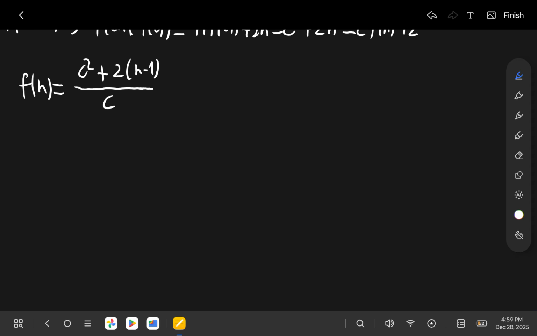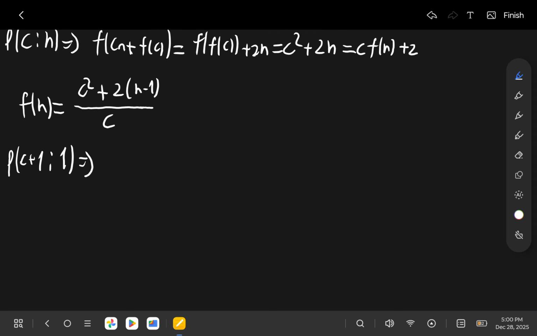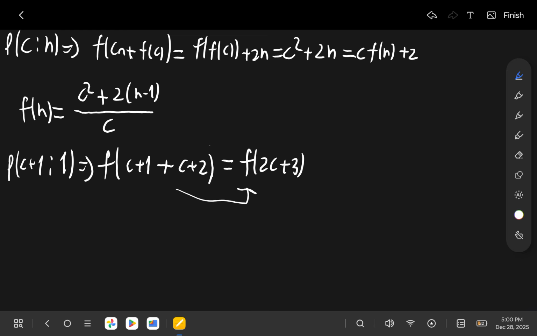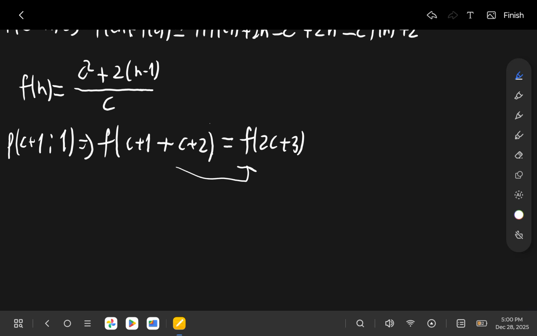Now let's put c + 1 and 1. So we get f(c + 1) + c + 2 equal to f(2c + 3). So this is the same, of course, and this is equal to c squared + c + 2.